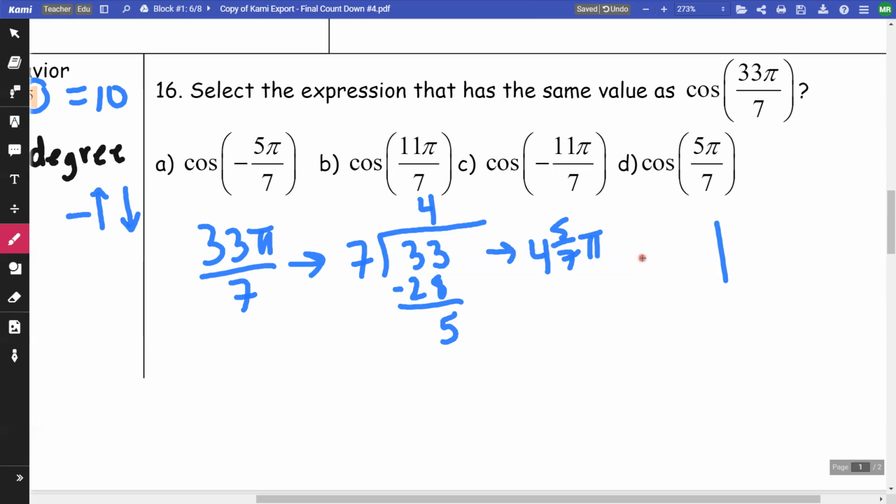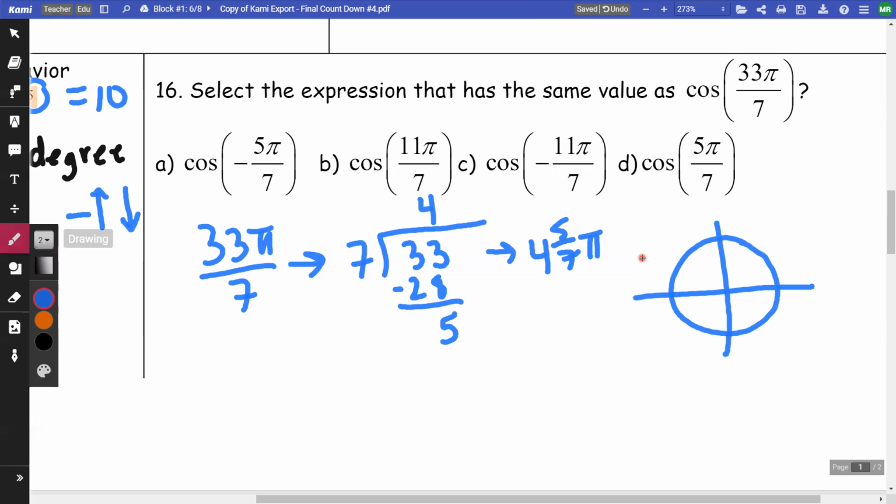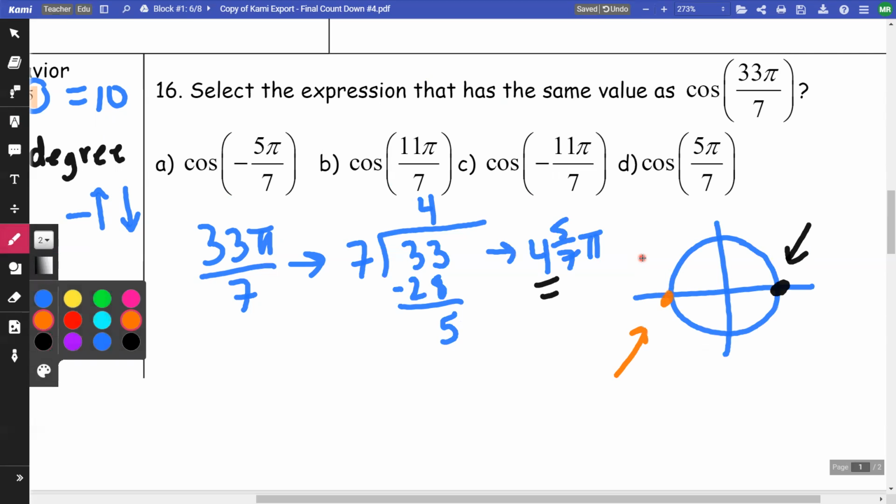So what does that mean? If I am on a unit circle and I go by 7ths, first off, because of this 4, I am over here. This side is always my even pies. The other side, I'll do it in orange, is always my odd pies. So if I have a 4, I know I'm going to go around, but I'm going to stop right here.